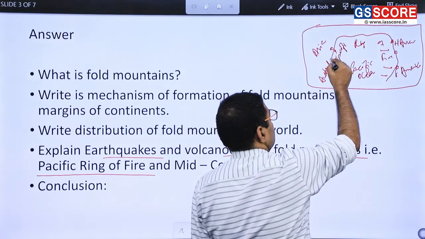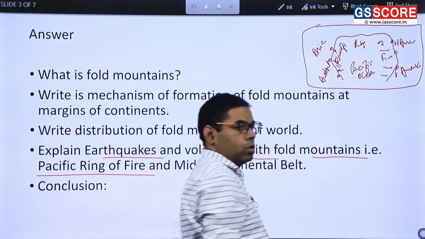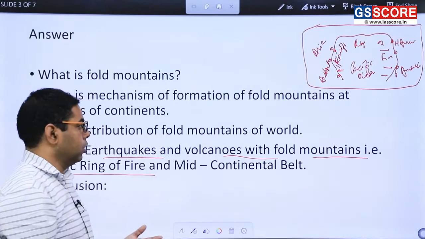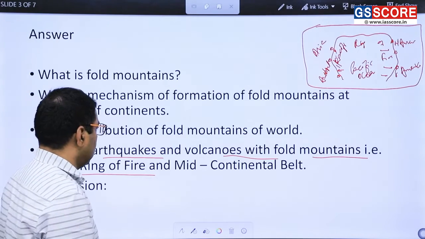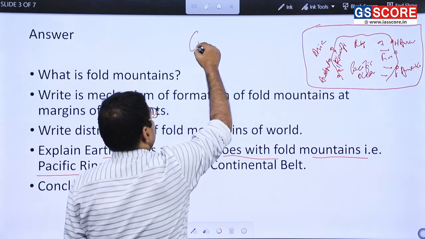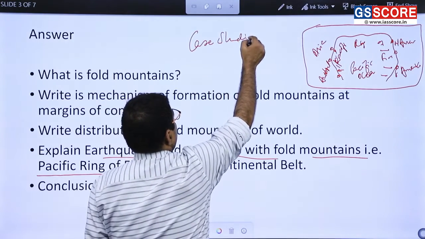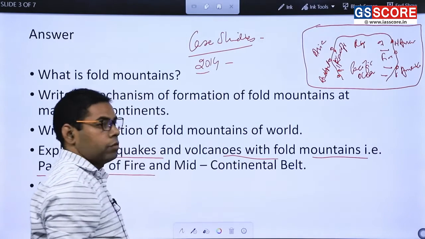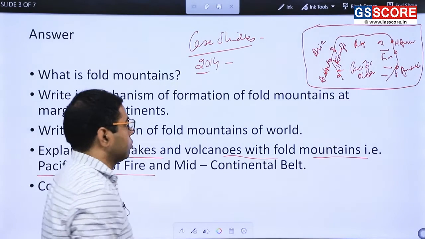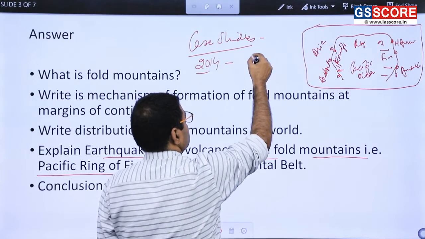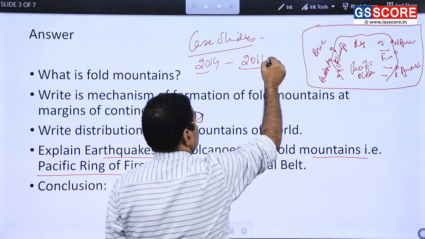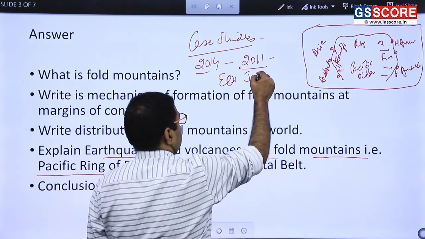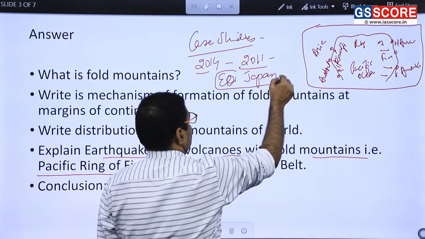Mount Fuji, Mount Luzon, Mount Cook, right. But in the case of earthquakes, as we cannot show the earthquake on the map, you can show earthquake case studies. Now, as the question was there in 2014, you are supposed to write the case study of the 2011 earthquake in Japan, right.